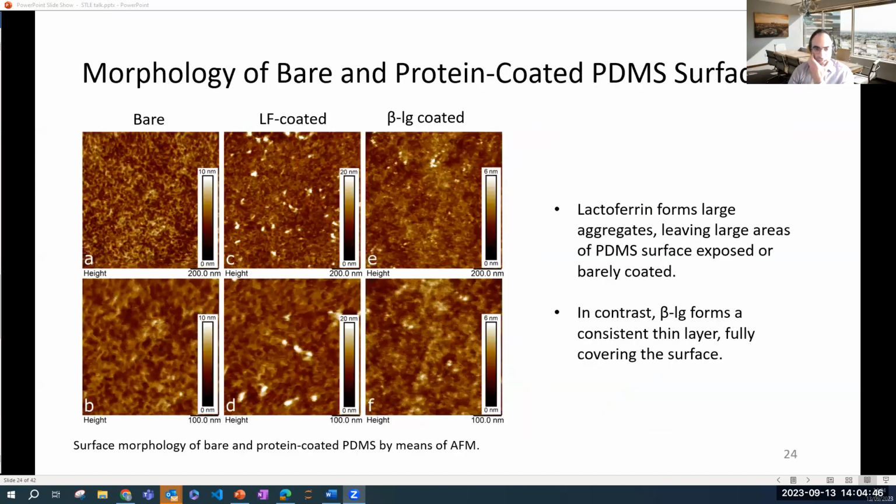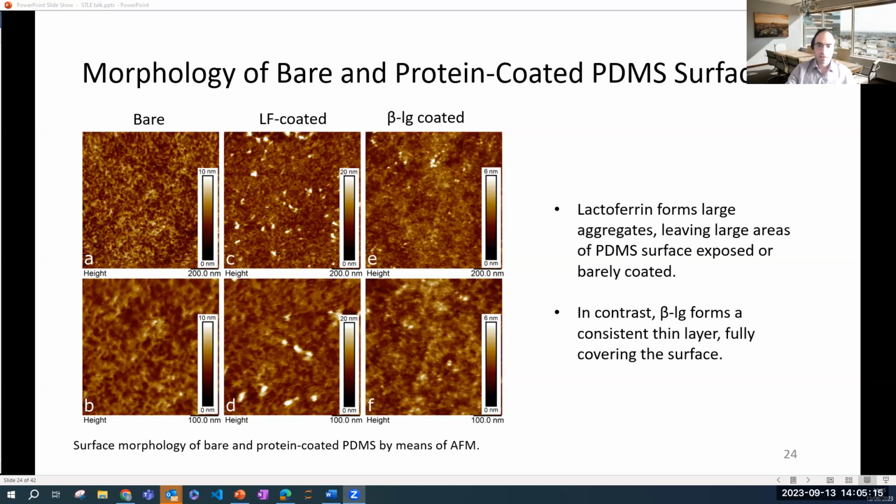To gain an insight into the surfaces and the mechanisms that are developed during nanotribology, we visualize the protein films using AFM. The images reveal that lactoferrin forms large islands, large aggregates, which is driven by the molecular structure and charge distribution of those proteins.